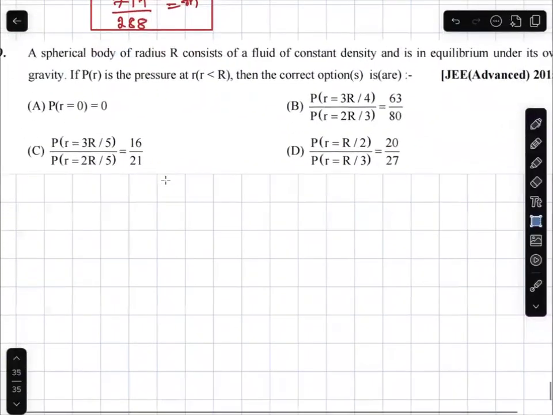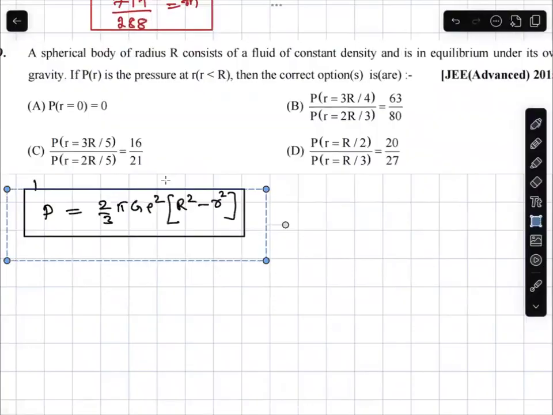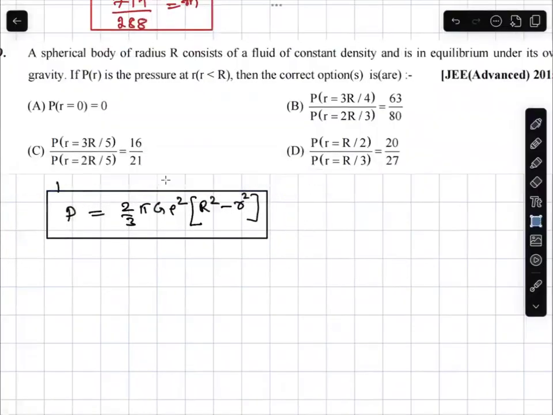You need the same formula here. Now use this formula.